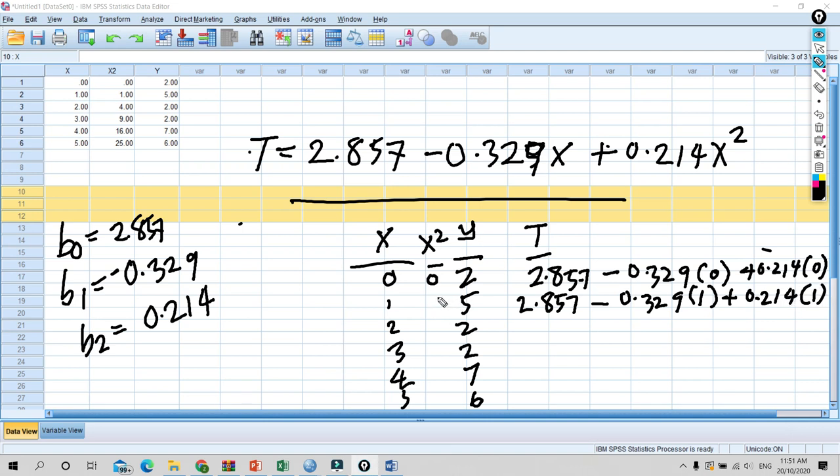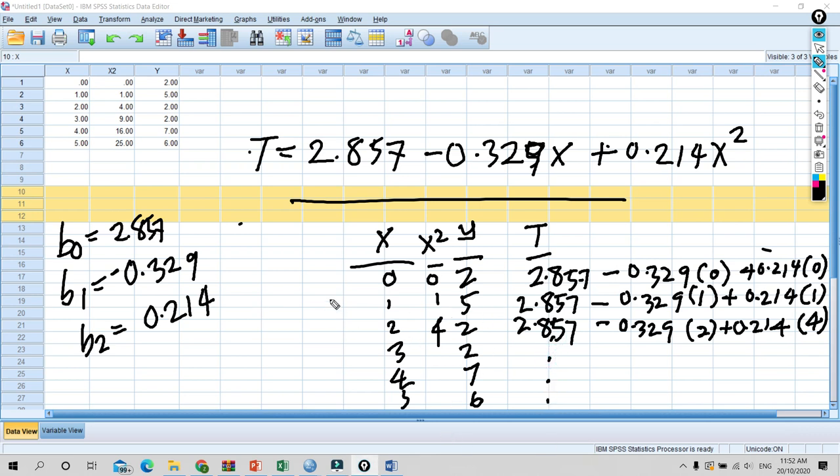Now the third trend line is 2.857 minus 0.329, my x is equal to 2, plus 0.214, then the x squared here is equal to 4. This is the trend line for the third one, and so on and so forth. You can just solve the problem there and get the trend line.